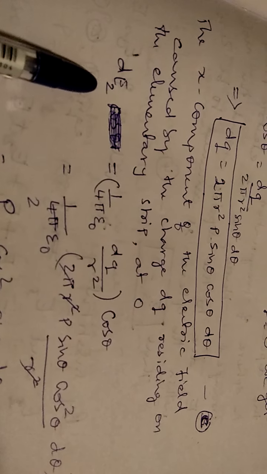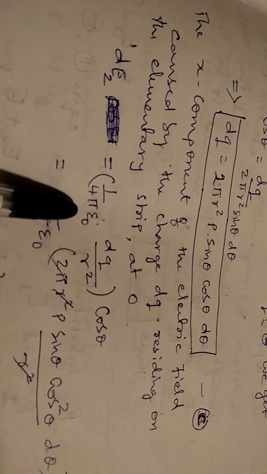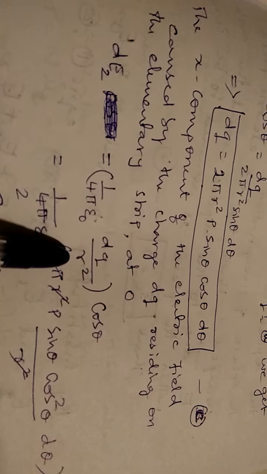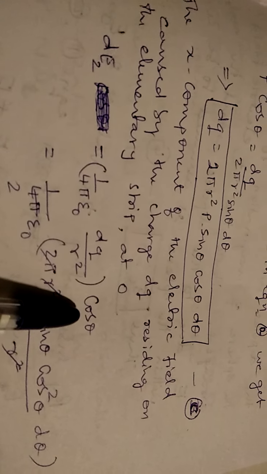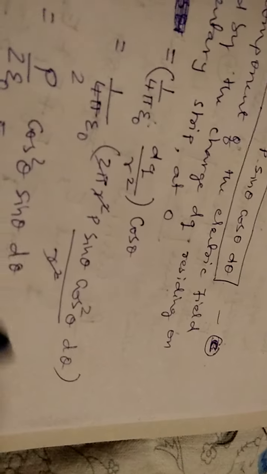So here also we have to consider the x component. So we can write dE2 is equal to 1 by 4π ε₀ dq by r² into cos θ. So this is Coulomb's inverse square law. So we substitute the dq value. So we get finally, after simplification, P by 2ε₀ cos²θ sin θ dθ.